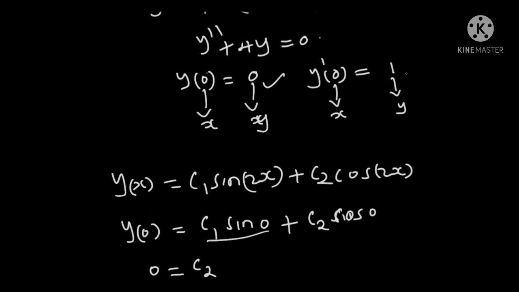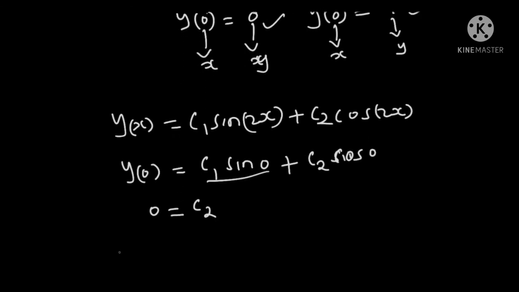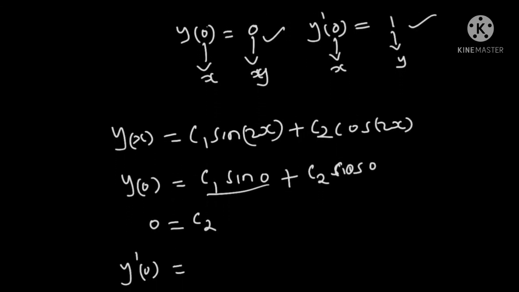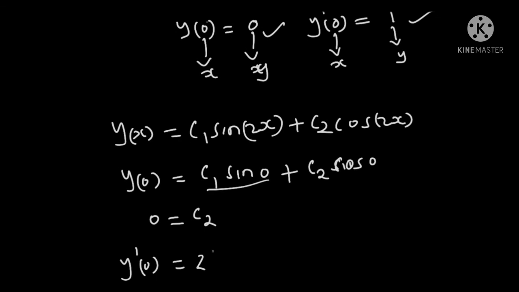Now, let's use this condition, y prime of 0. Now, we have that equation. It was given by 2c1 cos 0 minus 2c2 sine of 0.